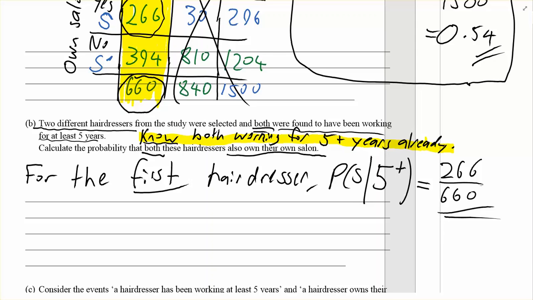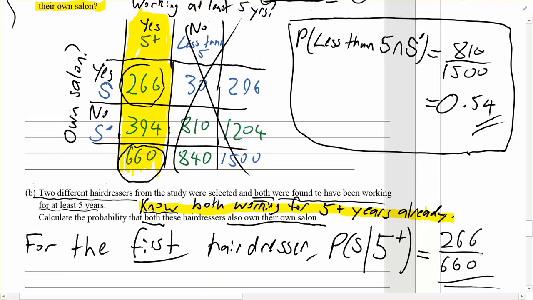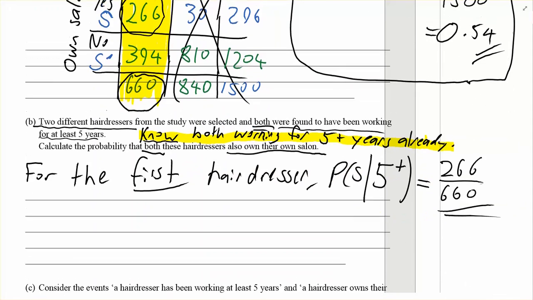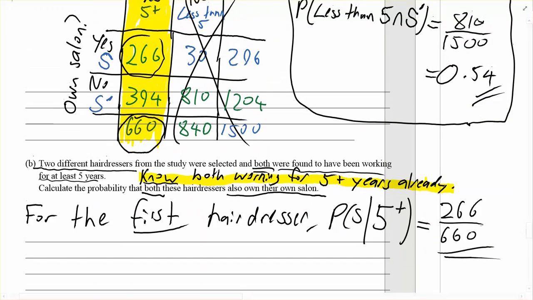Right, now you get achieved evidence just for getting that far. Now remember we're selecting two hairdressers. So after we select the first one from the 660, how many are left? Well, now there's one gone, so there's only 659 remaining. And of those 659, how many own their own salon?